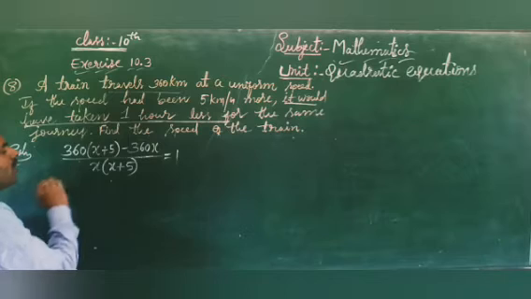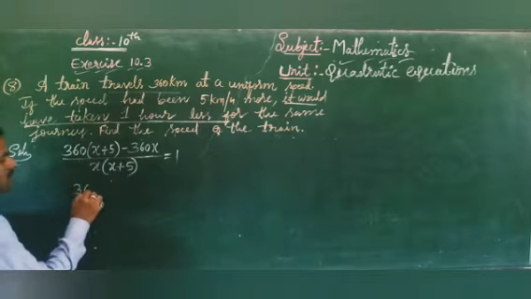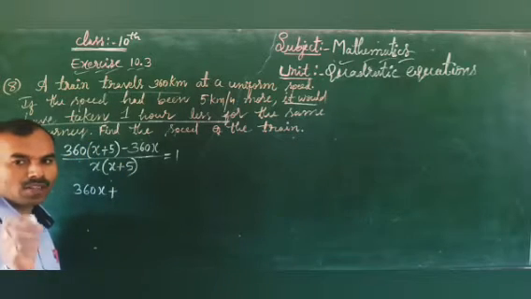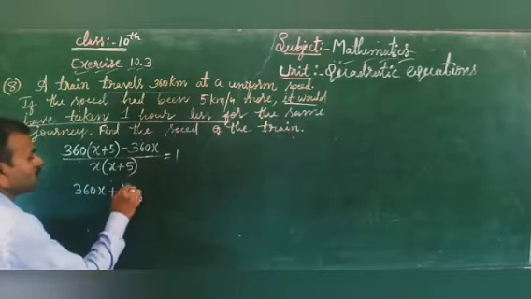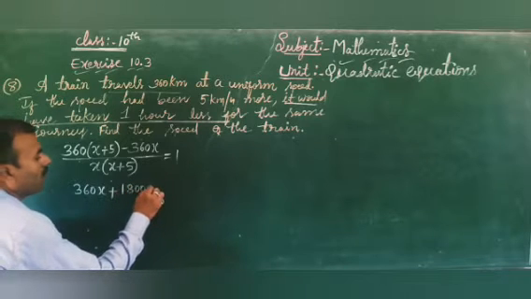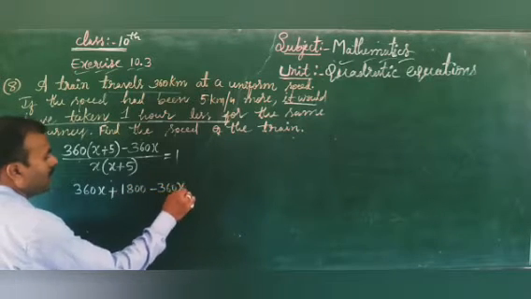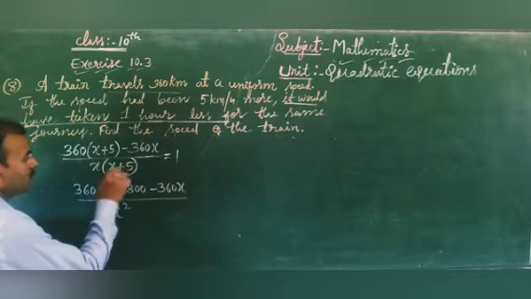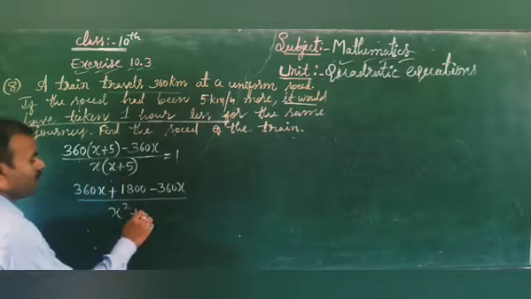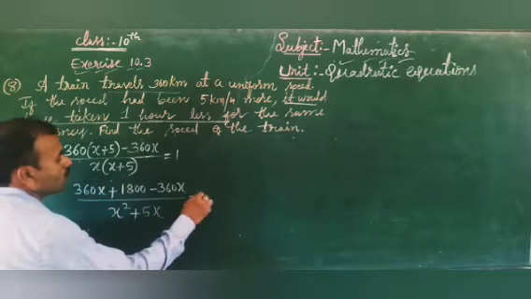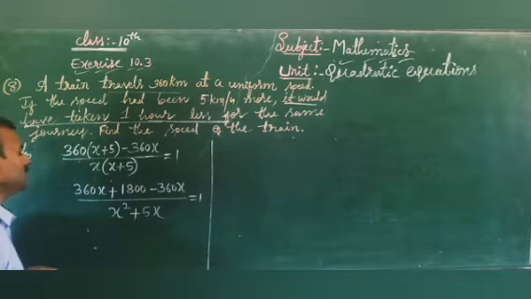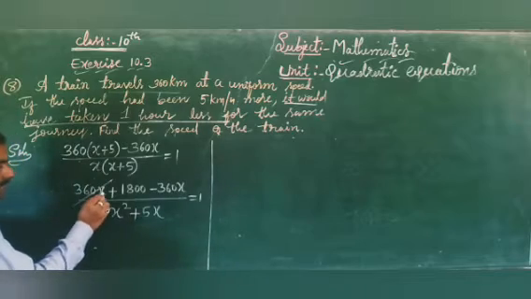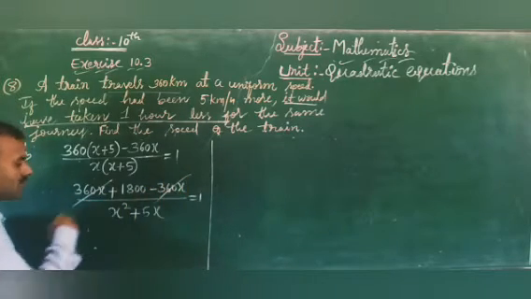Now simplify the numerator. 360 into x is 360x, plus 360 into 5, can you tell the product? Yes, it is 1800, minus 360x, by x into x, x square, plus 5 into x, 5x, equals 1. Next, the 360x and minus 360x get cancelled.